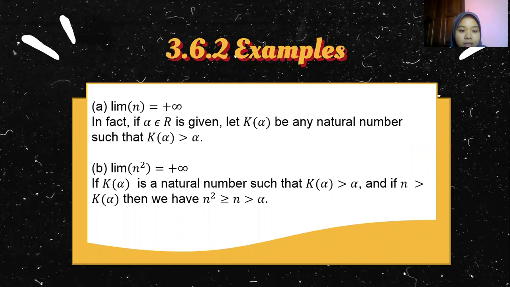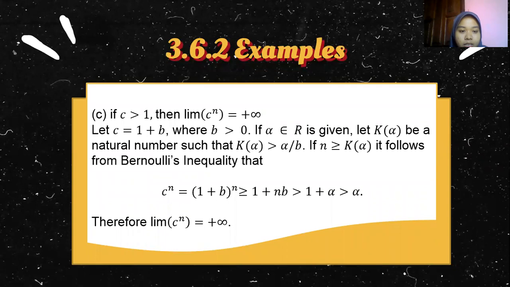The second example: the limit of n squared equals positive infinity. If K(alpha) is a natural number such that K(alpha) is greater than alpha, and if n is greater than K(alpha), then we have n squared is greater than or equal to n, which is greater than alpha.